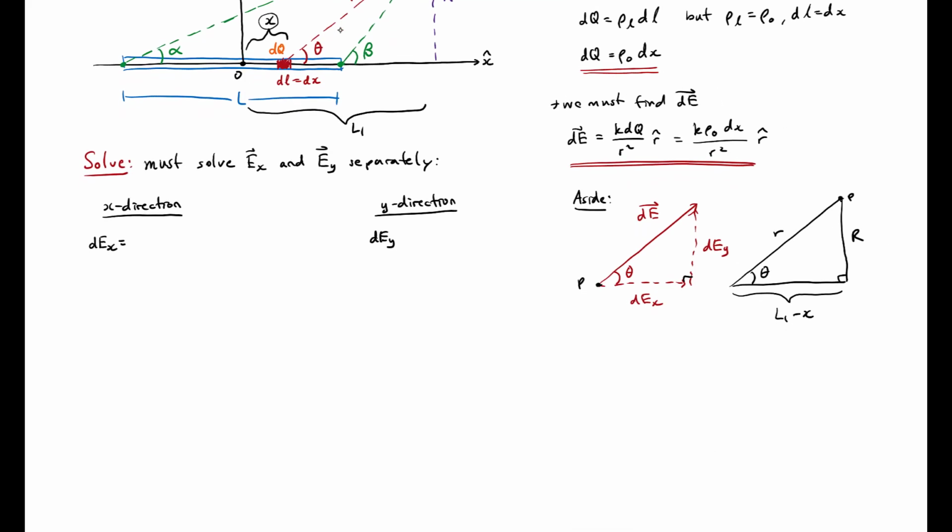Now, if I take a look here, if I wanted to find dEx, dEx is simply dE, which is the hypotenuse, times the cosine of theta. And dEy is dE sine theta. So I can write this as dE cos theta and this as dE sine theta.